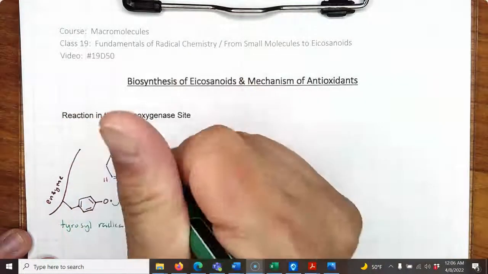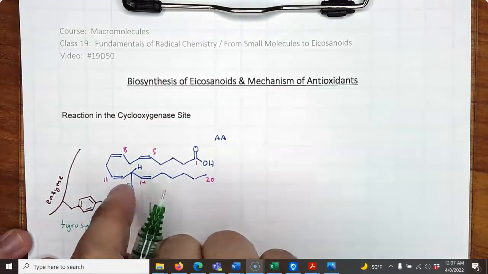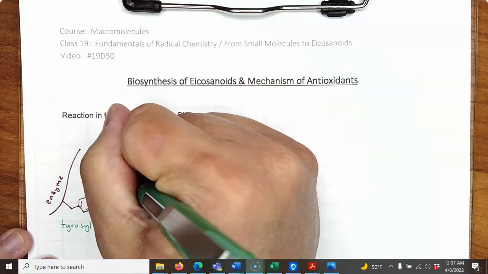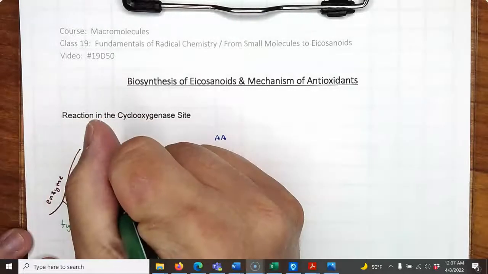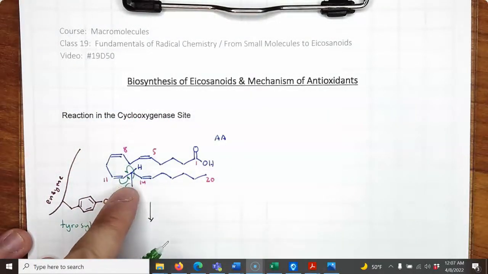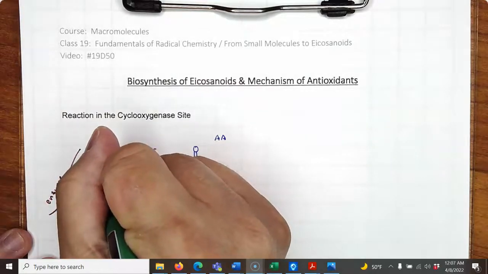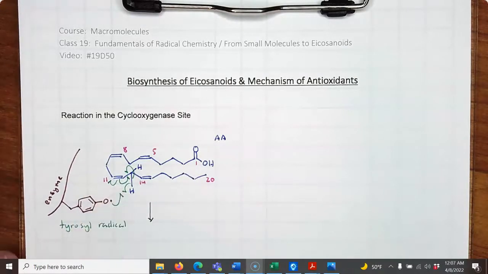Then this bond starts to make a double bond between carbons 12 and 13. And then at carbon 11, you share one of its pi electrons to make the double bond to the right, and we put a radical on carbon 11. So the double bond is shifting.